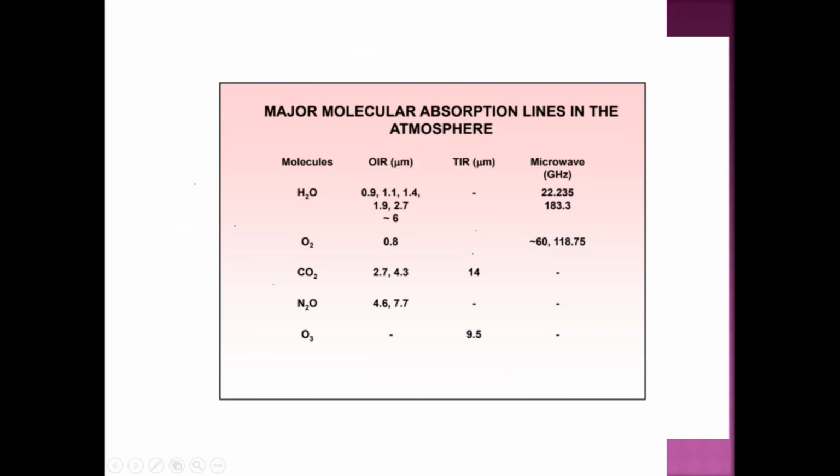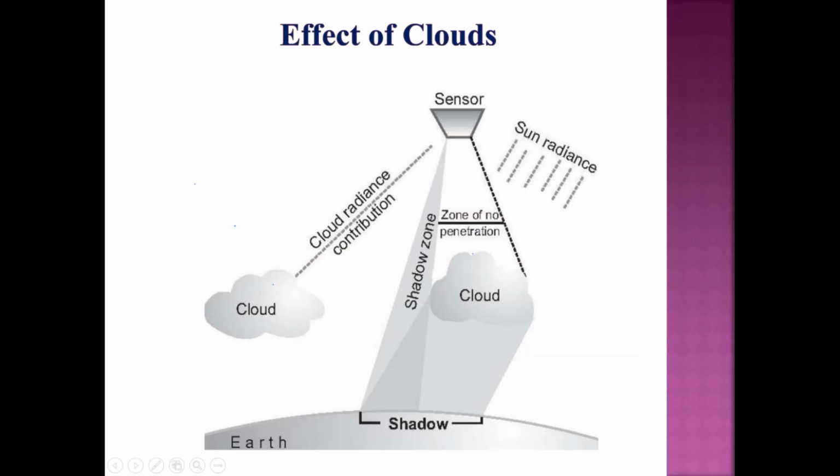And here it is: the effect of clouds. If a sensor is there and a cloud is there, the sensor cannot detect the data of this region. The data will not be covered by the sensor, so there will be shadow and an absence of data.